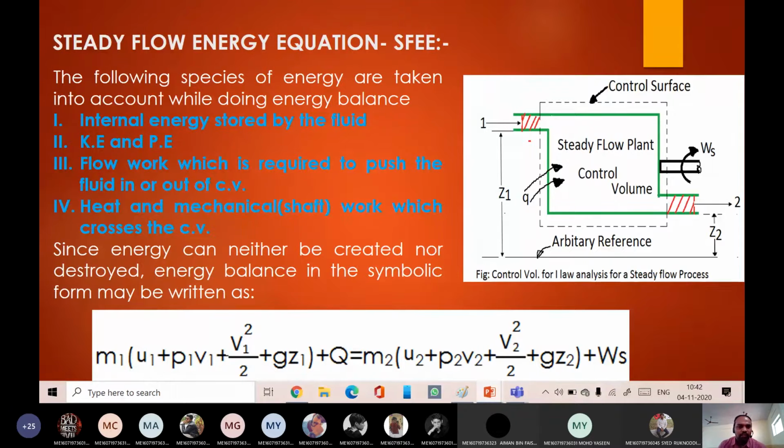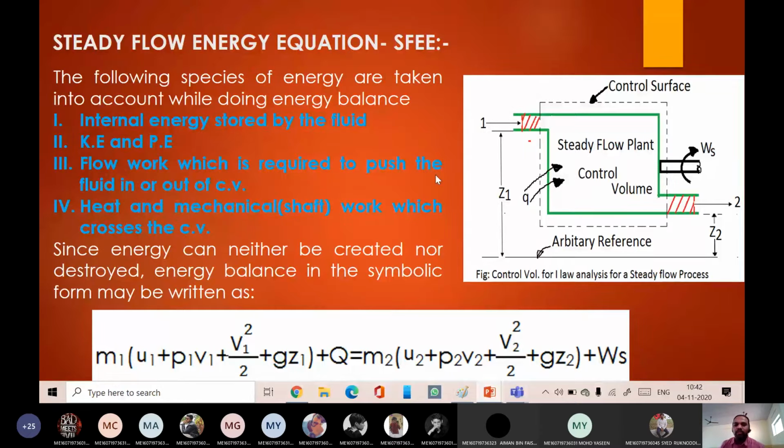We also consider kinetic and potential energy: because there is a change in datum we consider potential energy, and because the velocity of the flow changes within the system we consider kinetic energy. Then flow work, which is required to push the fluid in or out of the control volume, and heat Q and mechanical work W.